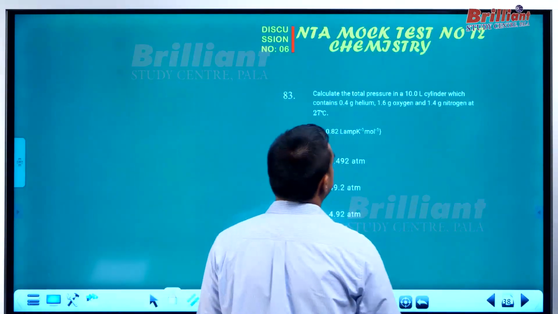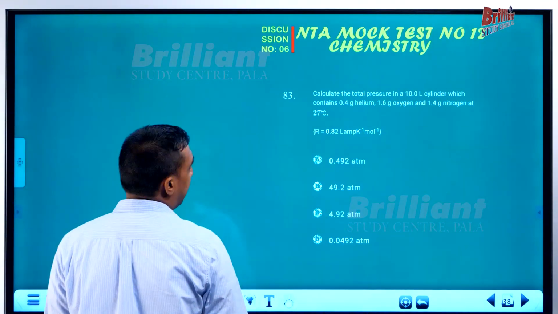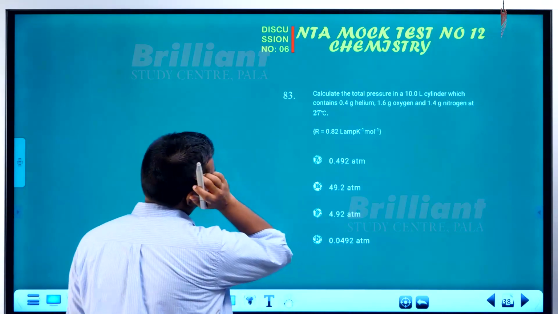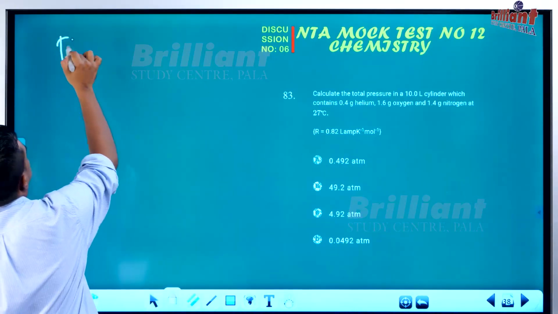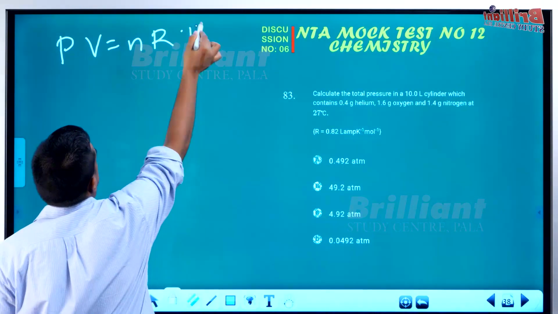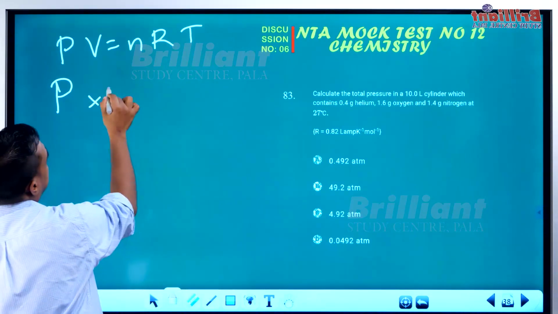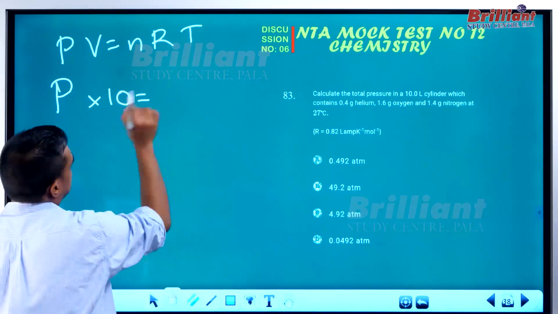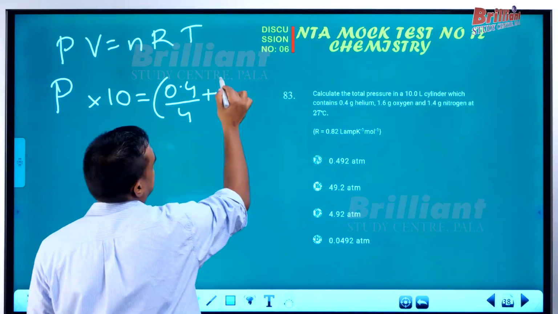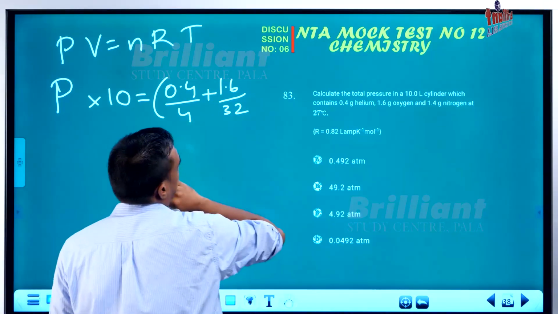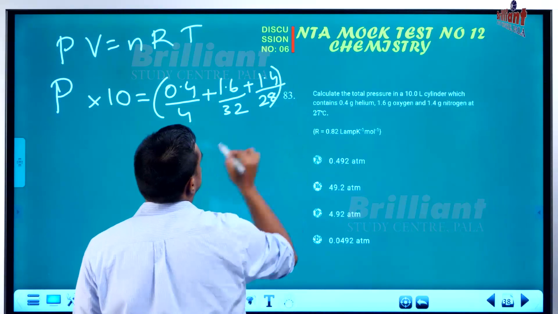Question number 83. Calculate the total pressure in a 10-liter cylinder which contains this much gas at 27 degrees Celsius. Connect it with PV equals nRT to find the total pressure. So this P I have to find. The volume is 10. The number of moles is 0.4 divided by 4 for helium, plus 1.6 divided by 32 for O2, plus 1.4 divided by 28 for N2.